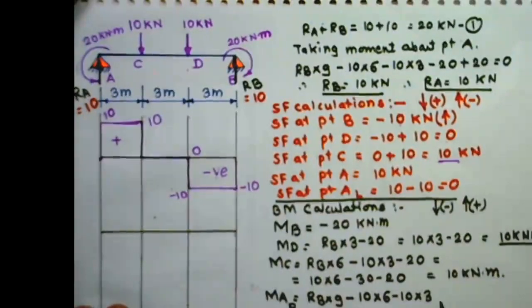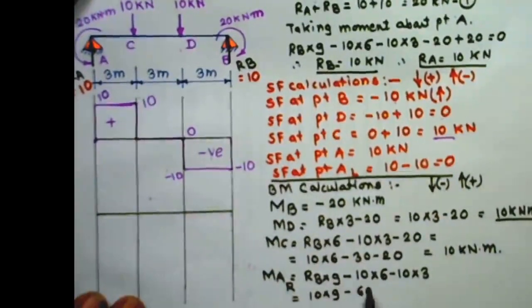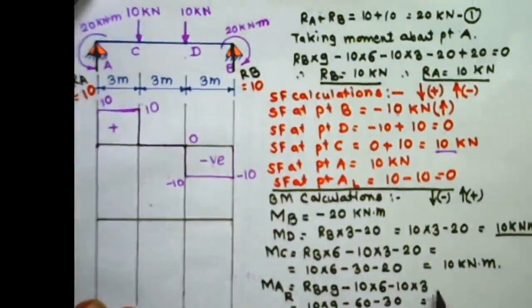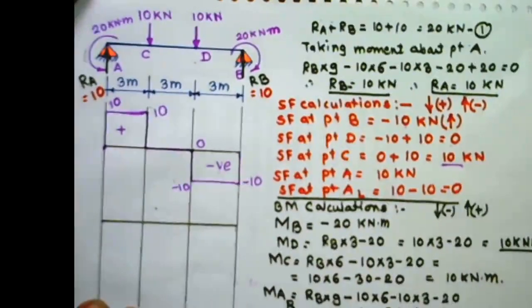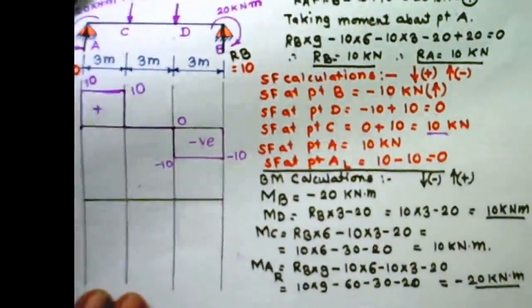So 10 into 9 minus 60 minus 30, minus 20. So you will get minus 20 kilonewton meter moment acting at the right hand side of point A.